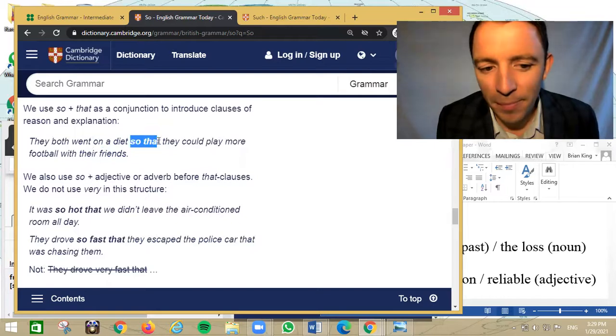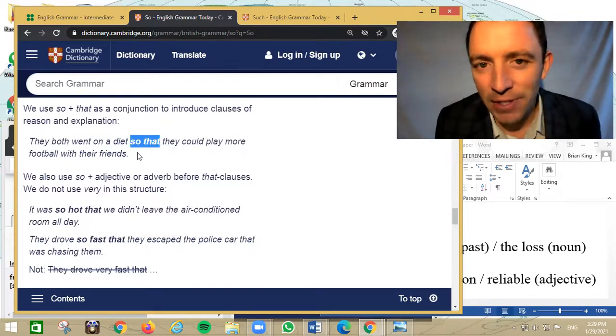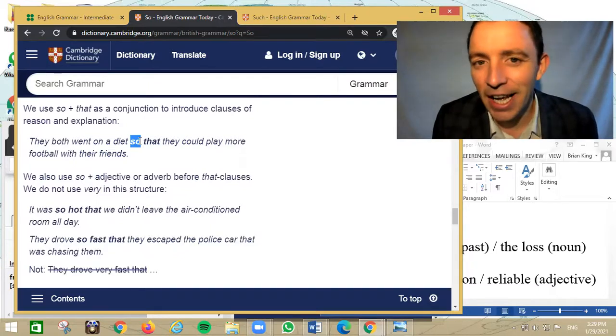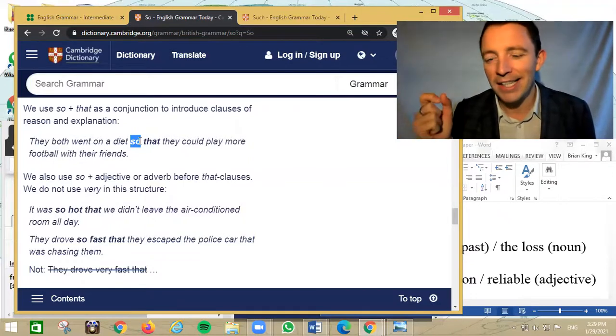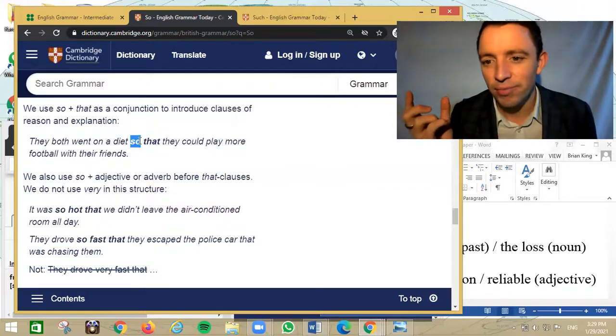So that they could play more football with their friends. For me, in conversation, I think it's possible and almost the same to say "so". Okay, but technically and grammatically, if you have a new clause, it's necessary "so that". But in reality, "so" is possible alone in conversation.